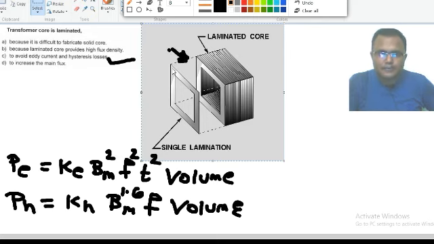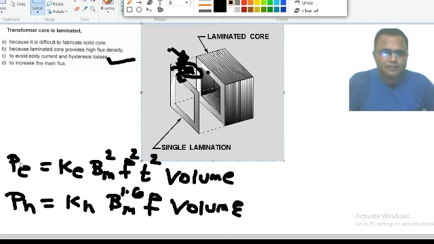So there will be a huge amount of resistance because there is a small air gap. So the eddy currents can't flow from this lamination to another lamination. The eddy currents will flow within this small lamination itself, so the losses will be very less.